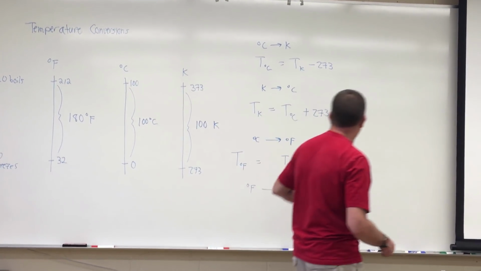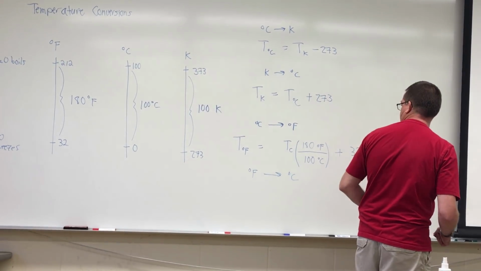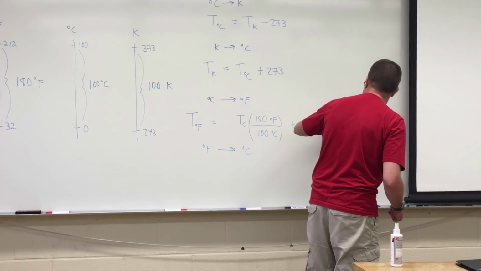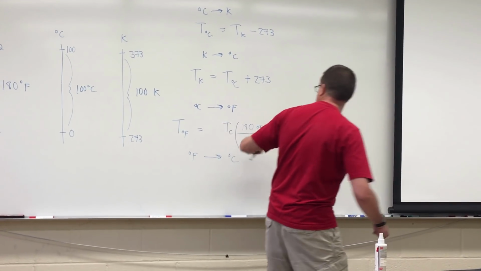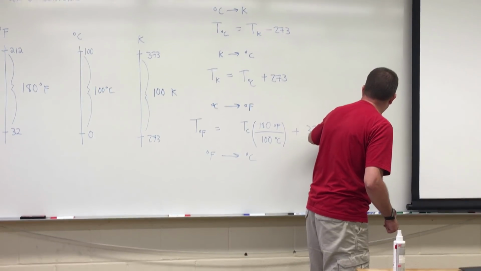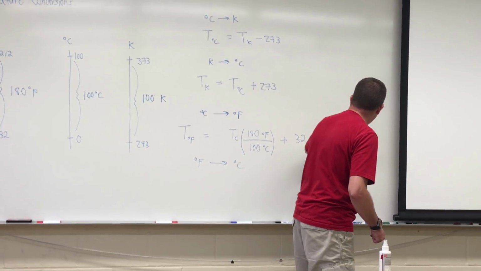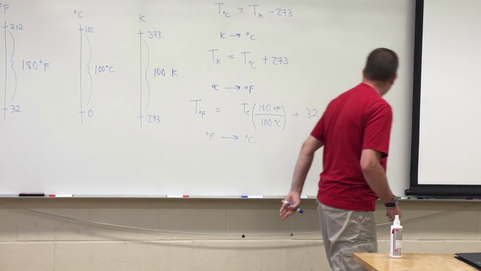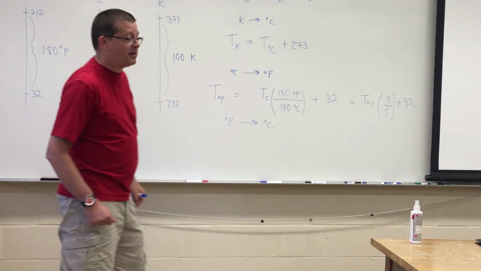Another way you'll often see this written in most textbooks is that the temperature in degrees Fahrenheit is your temperature in degrees Celsius times the ratio of 9/5, and then we add to that the 32. So that's typically how we would see that written.